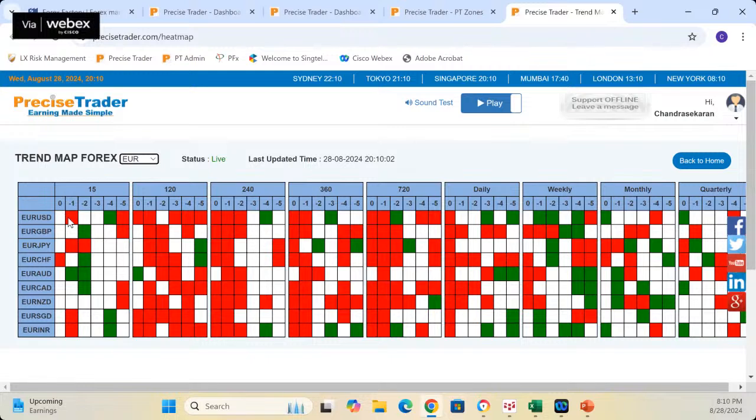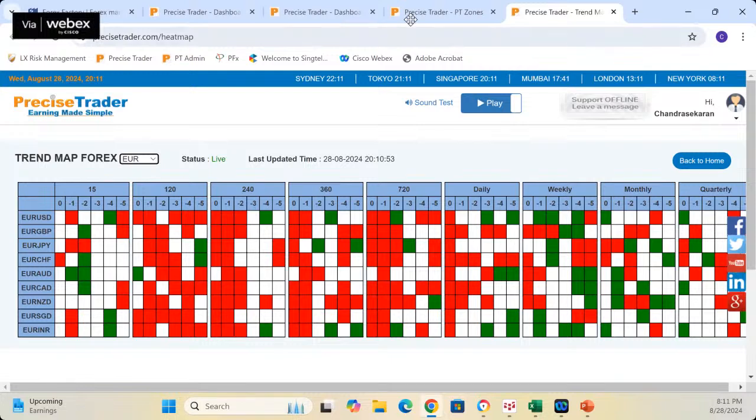The next clue I see is the time is 8:10, that means 20:10, so I have another 5 minutes on the 15-minute chart. So my entry is going to be either a 15-minute or a 30-minute high, and I'm good to go on this trade.